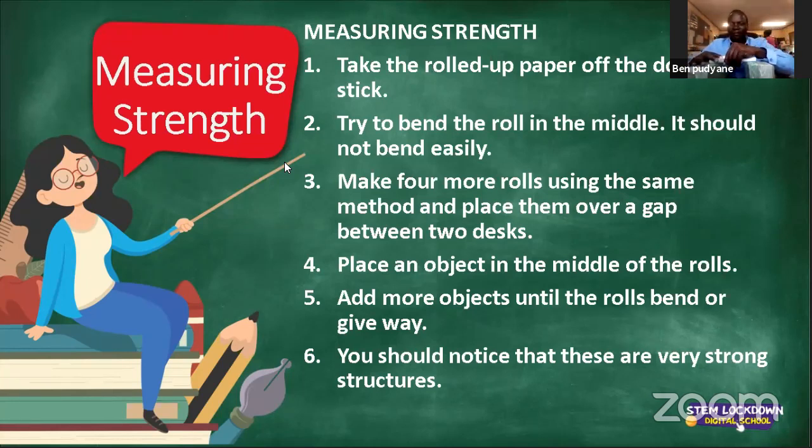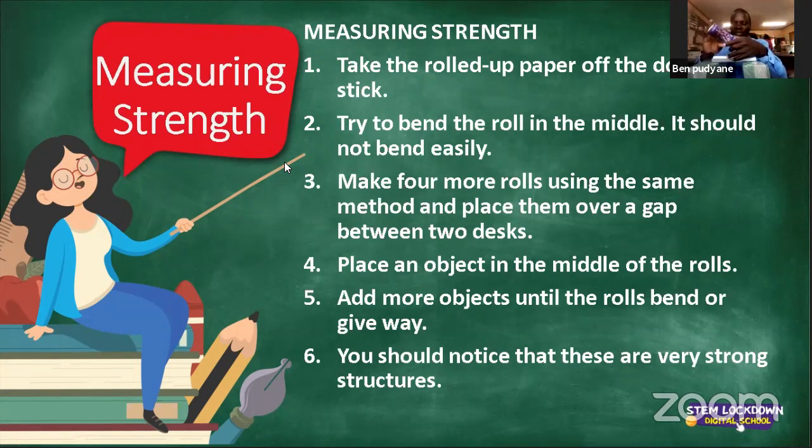Somebody's going to bring me something, then I'm going to put it here between the 2 rolls, to see if I can also put something in the middle to see if it bends.